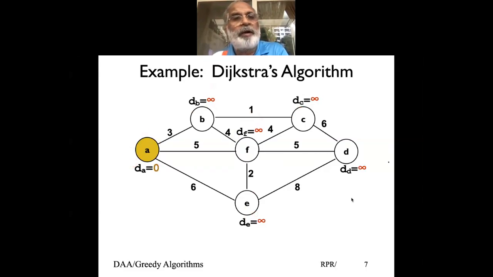So this initialization part means whichever given vertex, set the distance of that vertex from itself to 0, and the distance of every other vertex as infinity. This is the initialization part.